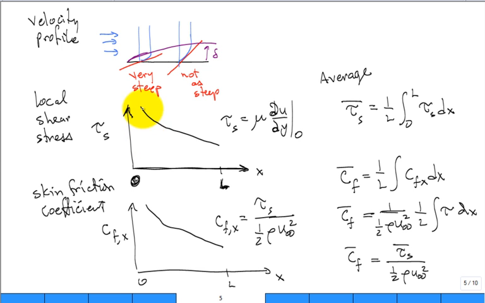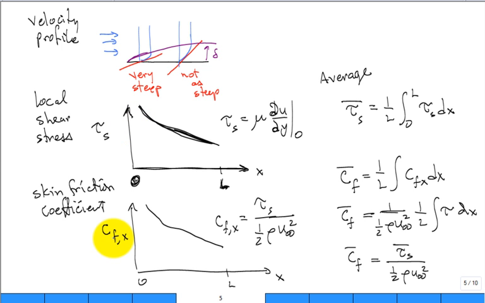See that? This is the shape of the profile. It goes down. What about at x equal to 0? It's a singularity. Let's not worry about it. It blows up. Somehow, mathematically, that fluid that was just happy and flying along at U infinity is now at rest. So we're going to leave it alone.